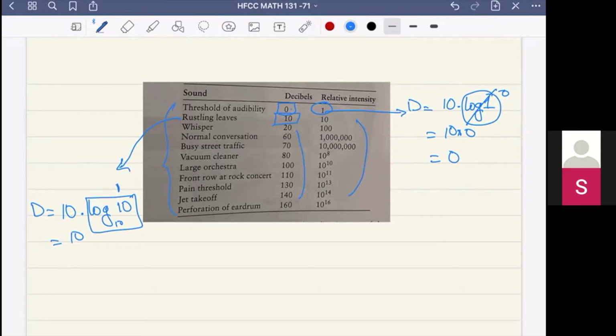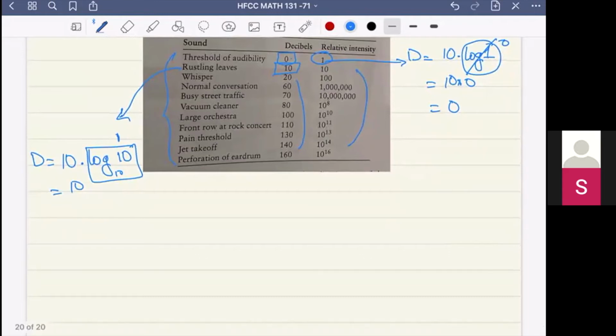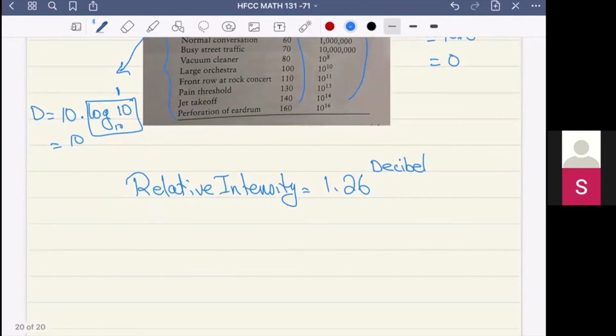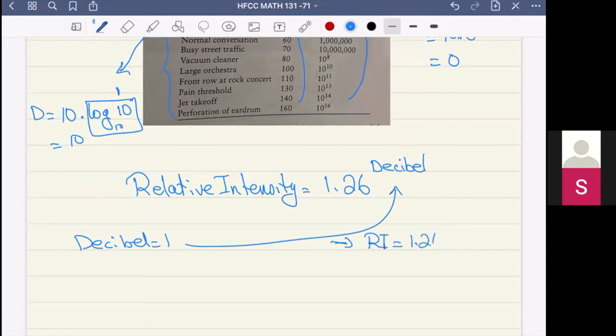So the final formula, I would say, is that the relative intensity is 1.26 to the power decibel. And again, if my decibel equals 1, and I plug it in here, then I'll get the relative intensity equals 1.26.